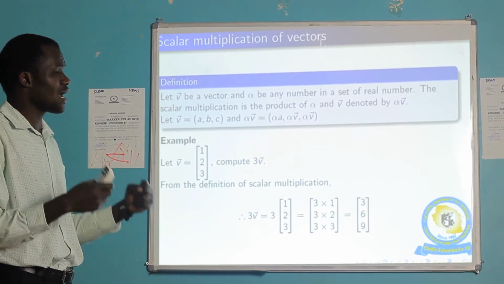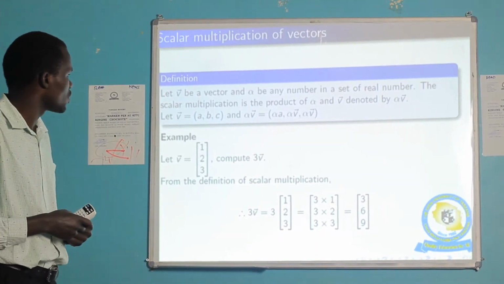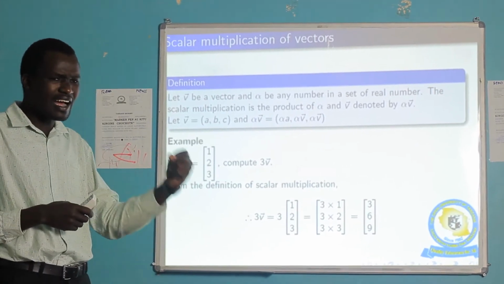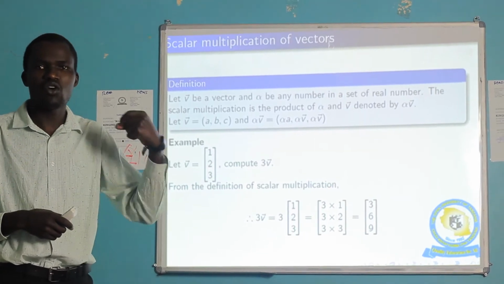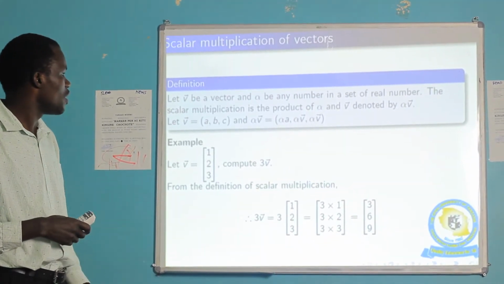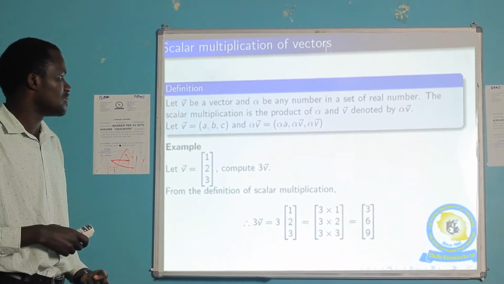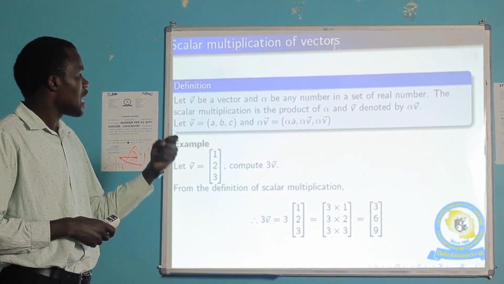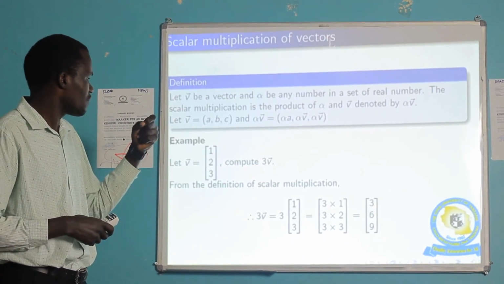If you want to multiply alpha and a vector V, you just take the scalar alpha multiplying every component of the vector, or every entry of the vector. For example, you have to find alpha v. This is equal to alpha times every entry of vector v.